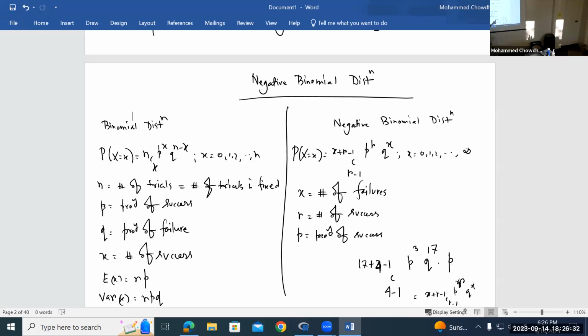See, 17 plus 3 equals 20. Among 20 trials, he got 3 successes. When the 21st trial got the success, he's done. Are you understanding? And why is it infinity?